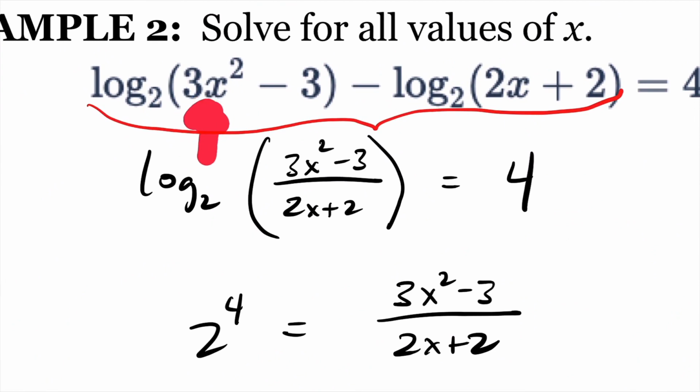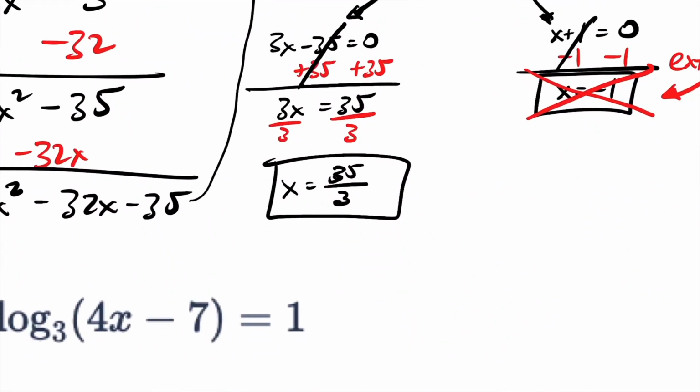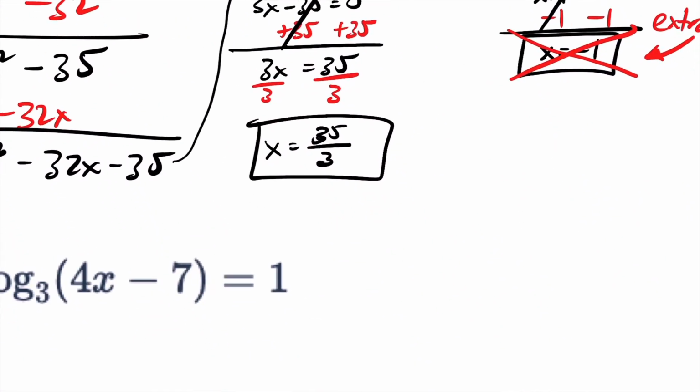It's about 12 or 13. So if I plug in 12 or 13 here and square it and then multiply it times 3, that's going to give me a pretty big number. And then subtract 3, it's still going to be a pretty big positive number. Same over here. Here I'm multiplying and then adding, still positive. Okay, I don't care what the number I get is. All I care about is that I got a positive answer. So I only have one answer, and it's 35 over 3.